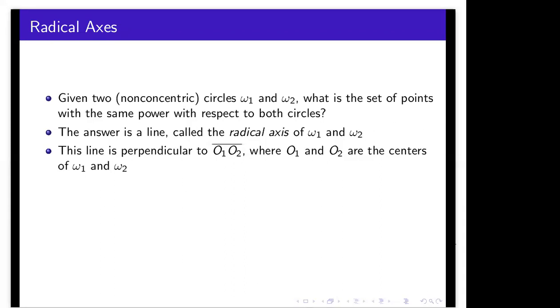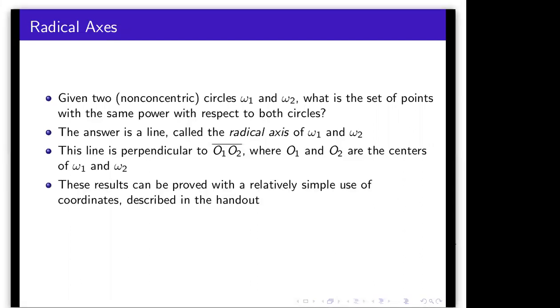So the answer is a line, and this line is perpendicular to the line joining the centers. You can prove this with a relatively clean use of coordinates. We have the full derivation in the handout, but for time's sake, we're not going to go through it in class.